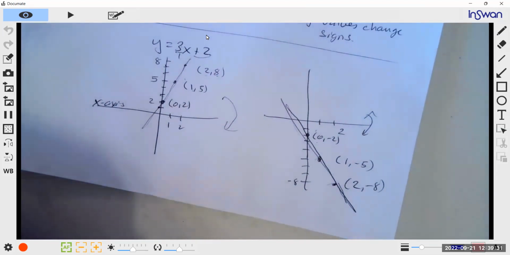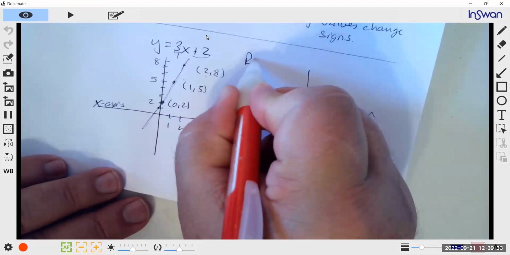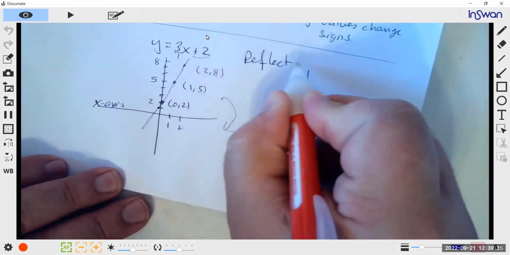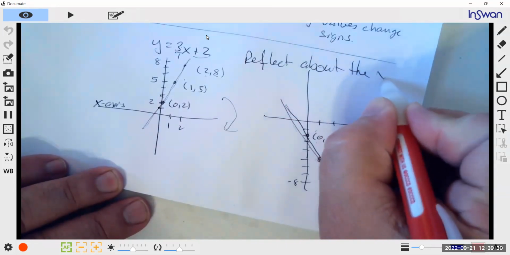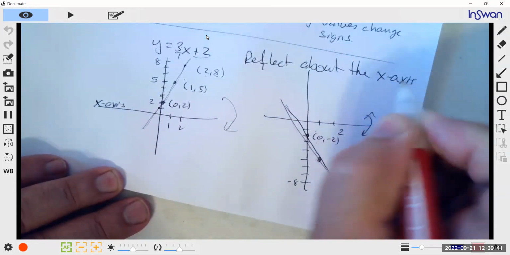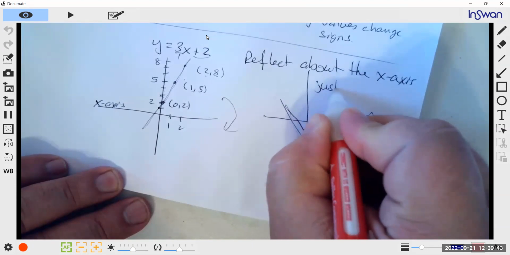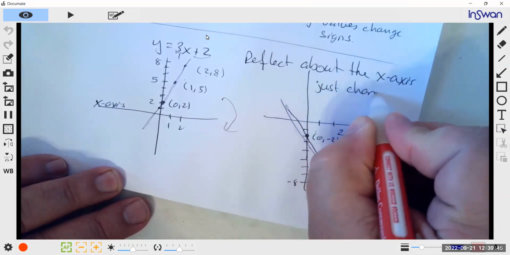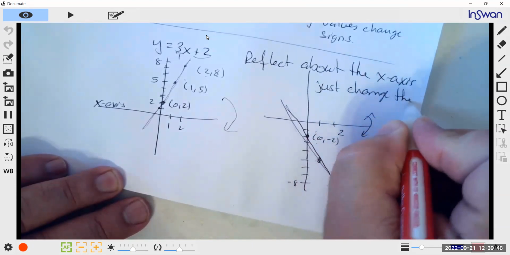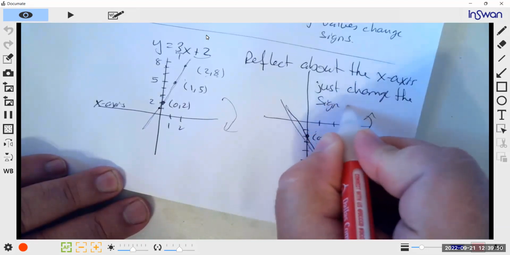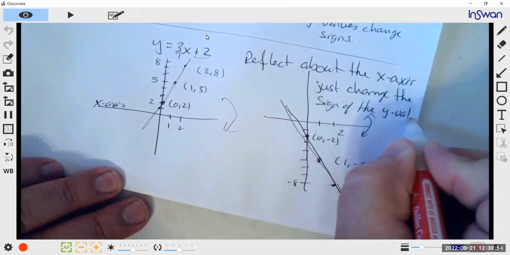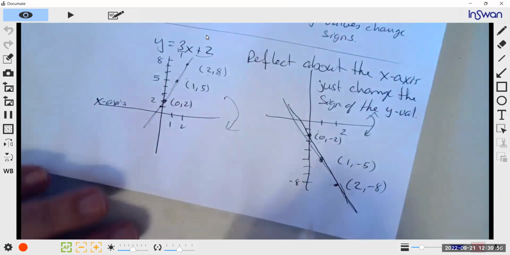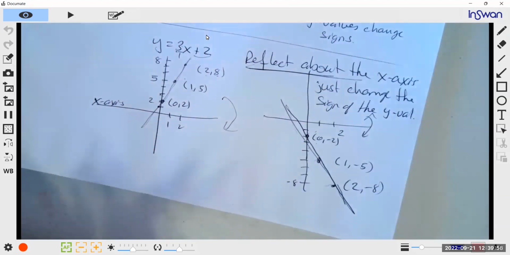All we do is just reflect about the x-axis. Just change the sign of the y values. So that's what we do if we want to flip across the x-axis.